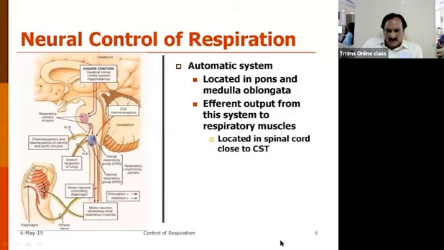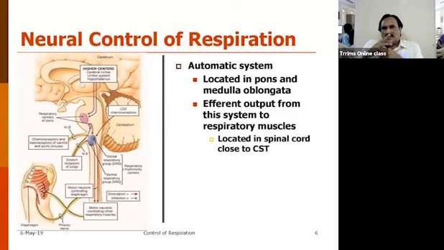So this amount of introduction is necessary for thorough understanding of the neural control of respiration. So you have the higher centers in the brain, namely from the cerebral cortex. You have the cerebral cortex, the limbic system concerned with the emotions, and the hypothalamus also is concerned with the emotions of the individual.